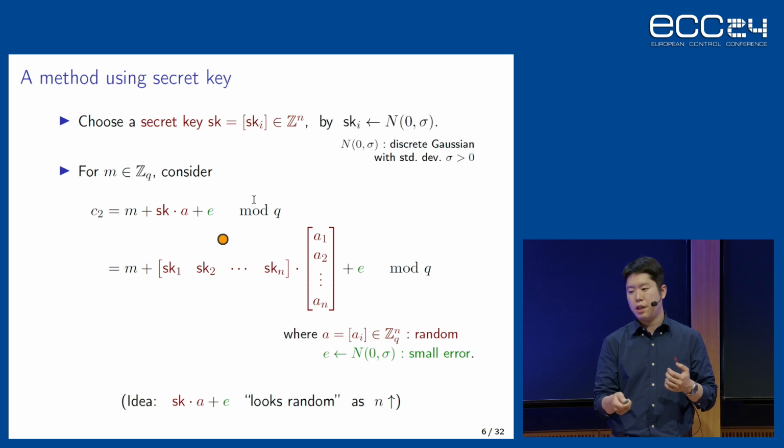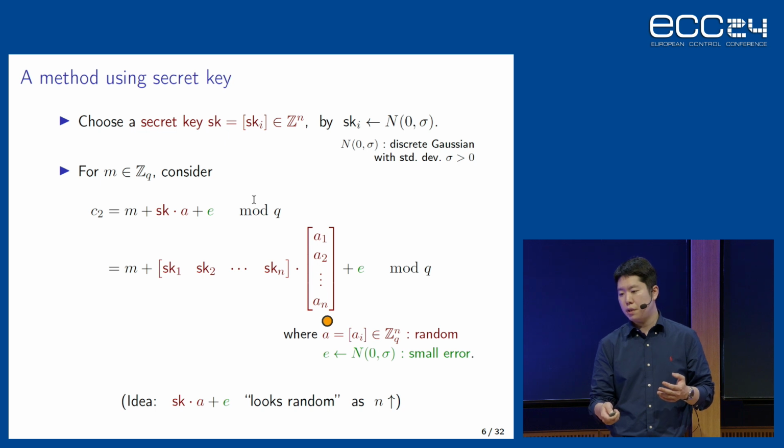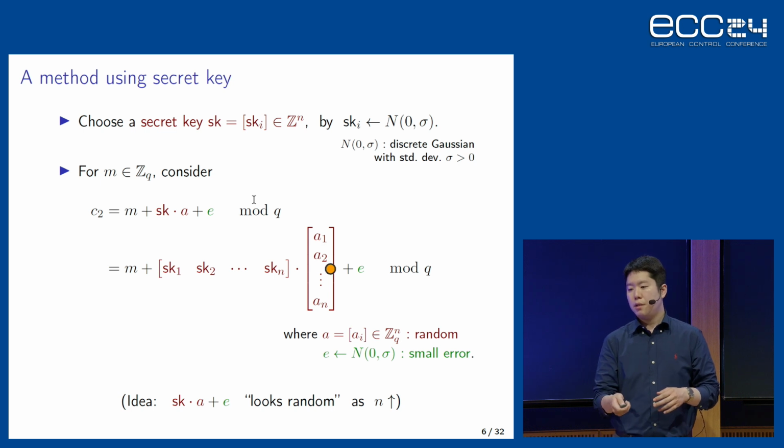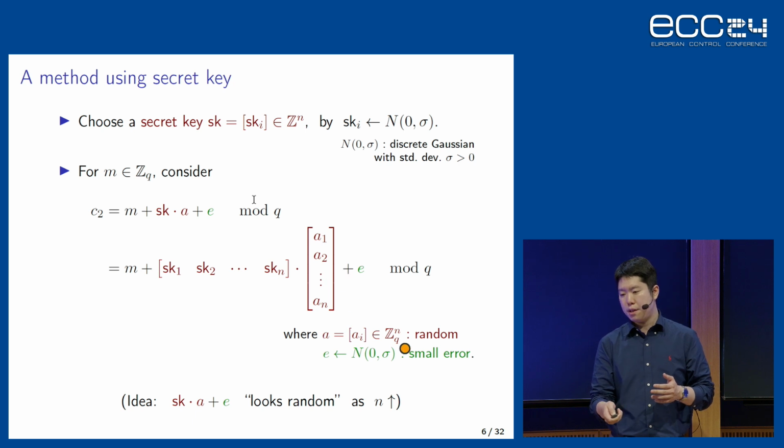This is the fixed secret key. And we sample n random numbers, denoted a sub 1 to a sub n. They are chosen as uniform distribution numbers. And then we perform the dot product here and add some small error.